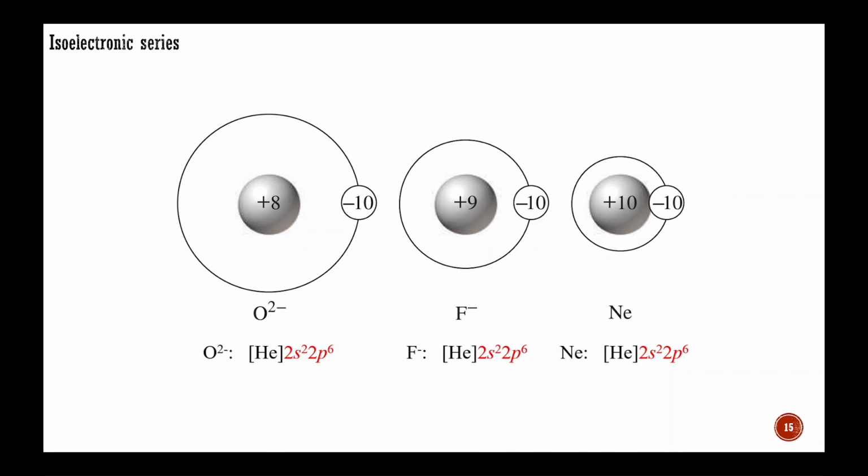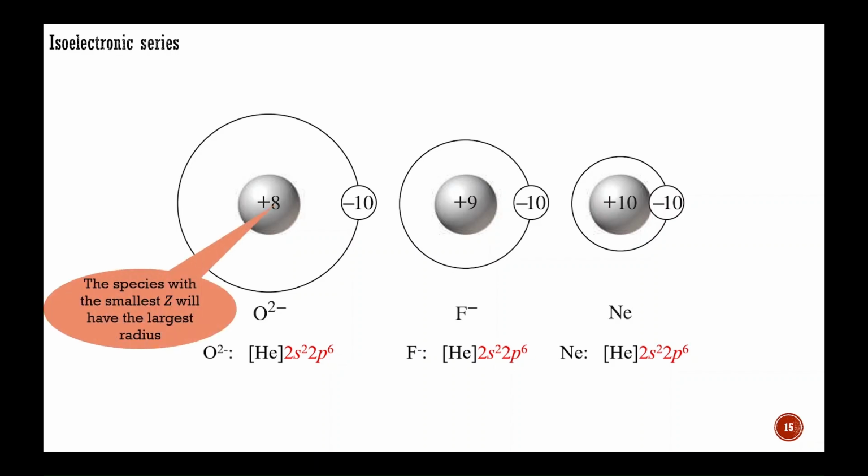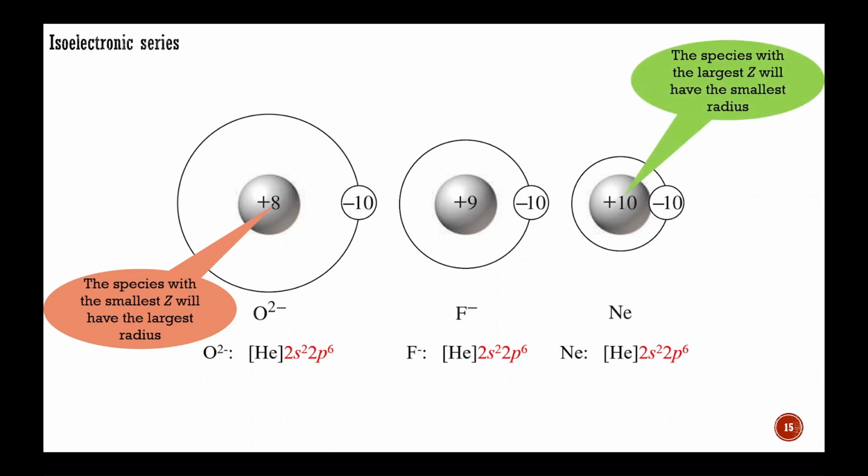Another important variation is that although these three species have identical electron configurations, they have different radii. In an isoelectronic series, the species with the smallest nuclear charge, or the smallest atomic number, will have the largest radius, while the species with the largest nuclear charge, or the largest atomic number, will have the smallest radius.